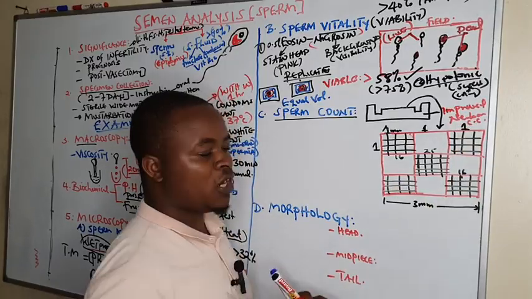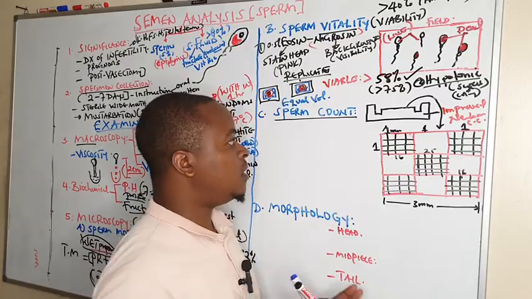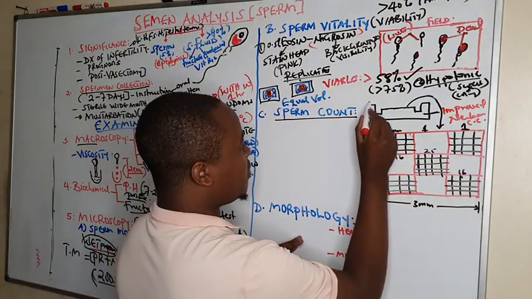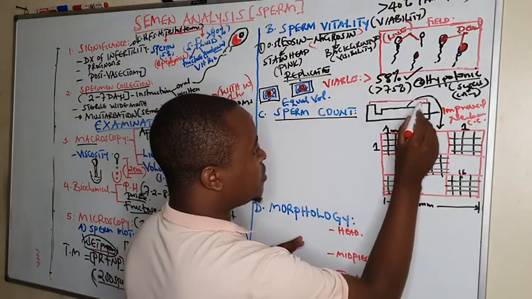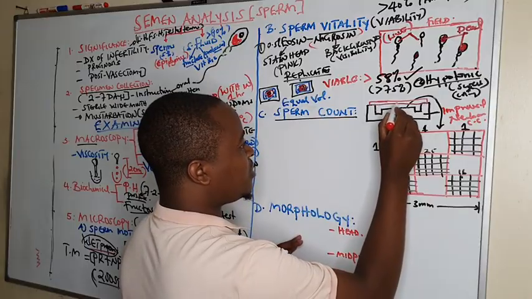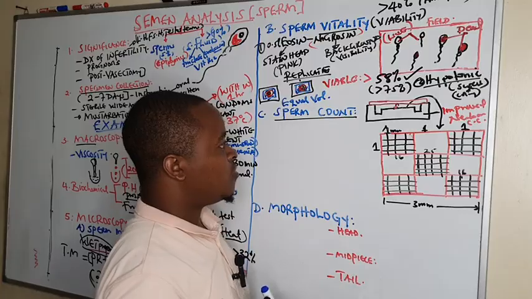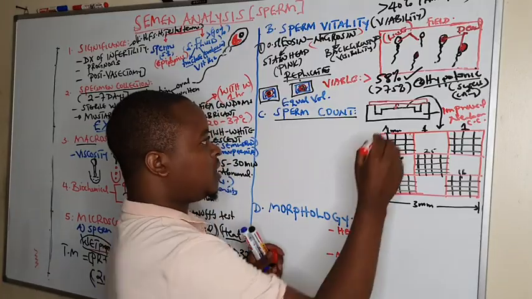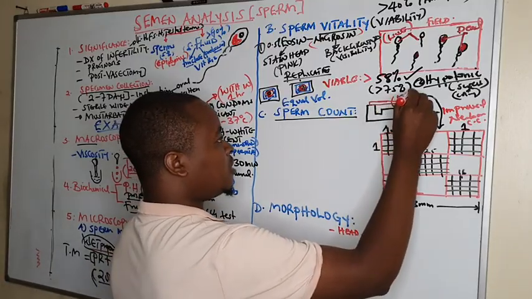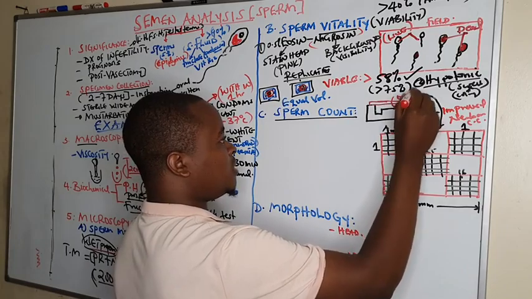It's the one you can call a hemocytometer, whereby when we apply a cover slip, it leaves a depth of 0.1 millimeter.